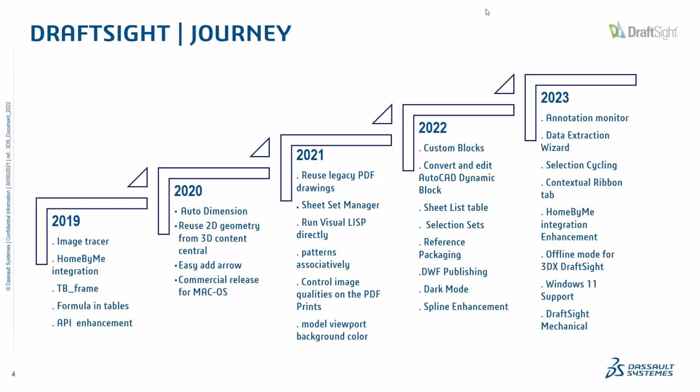Every year we added functionalities which gave our users a better experience. For example, custom blocks not only helped users automate blocks and configure them as they want, but also helped modify the dynamic blocks that were there in the legacy drawings.